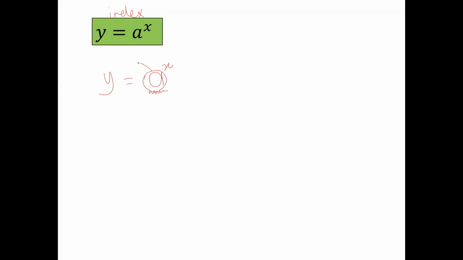Originally a is the base of the index; it will go to the other side and become the base for the log. y and x will remain on their original side.